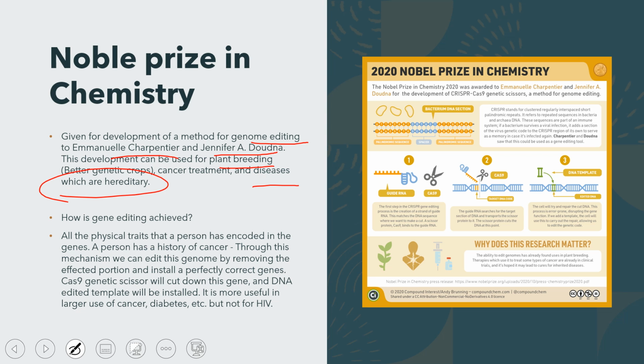If you go on my channel, you will find genetically modified crops, called GM crops. I have a separate lecture on that also, you can go and watch that. In plant breeding we can also use this technology, then in cancer treatment, or to prevent a person from a particular disease which is hereditary in nature.